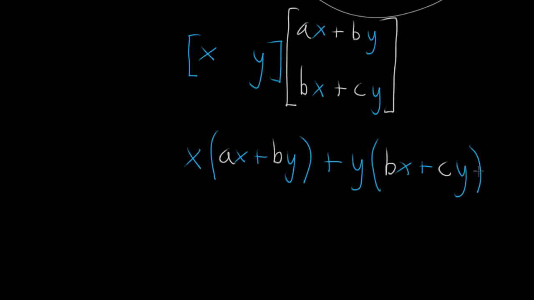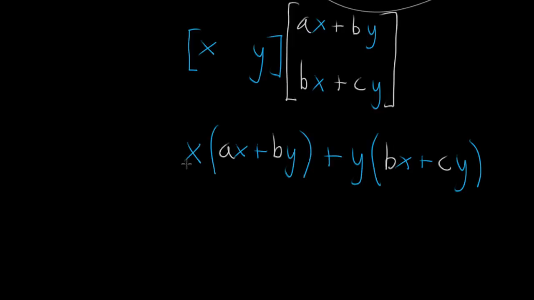And all of these are numbers, so we can simplify it. Once we start distributing, the first term is x times a times x, so that's ax squared. And then the next term is x times b times y, so that's b times xy. Over here, we have y times b times x, so that's the same thing as b times xy. That's why it's convenient to write a 2 there, because that naturally comes out of our expansion.